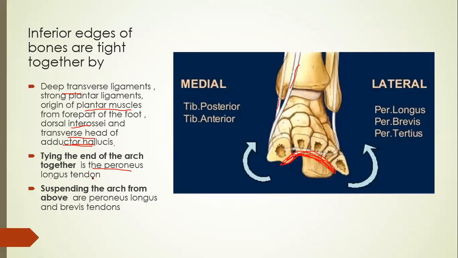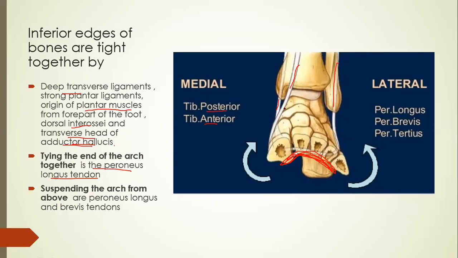The peroneus longus tendon, this one, inserts on the lateral side of the transverse arch and maintains it from the lateral side. From the medial side are the tibialis posterior and anterior tendons.